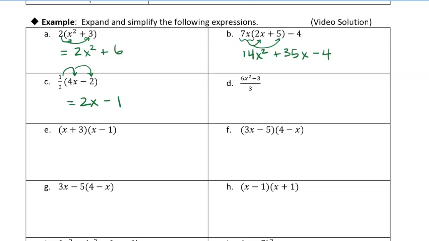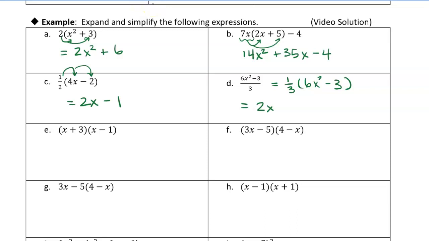All right, so this one, I can actually rewrite this. I'm going to rewrite this as 1/3 times 6x cubed minus 3. All right, so I'm going to distribute that 1/3, right? So I'm basically dividing both terms by 3. So you get 1/3 times 6x squared, you get 2x squared, sorry, that's not x cubed, that's x squared.